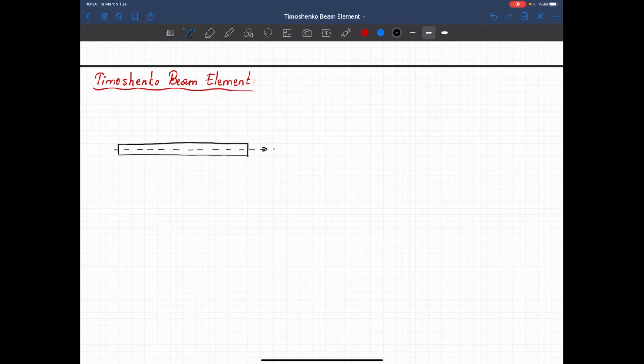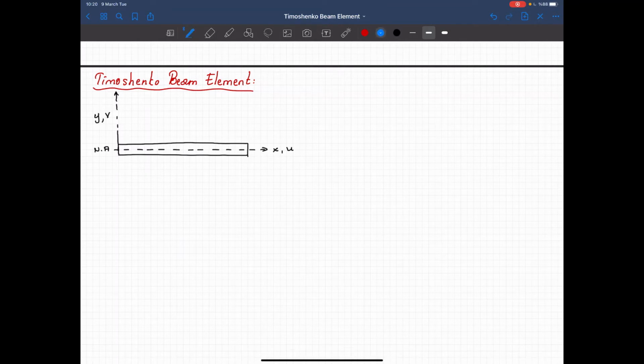So that's x-axis and deformation u. That's our y-axis, and the deformation is v. And this is the neutral axis of the element.